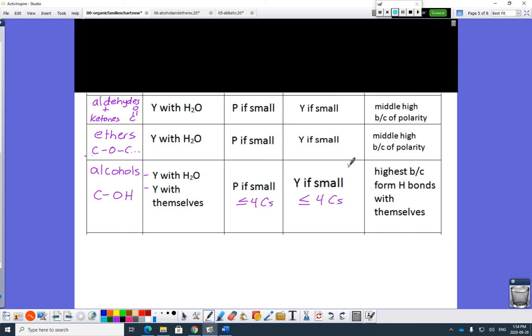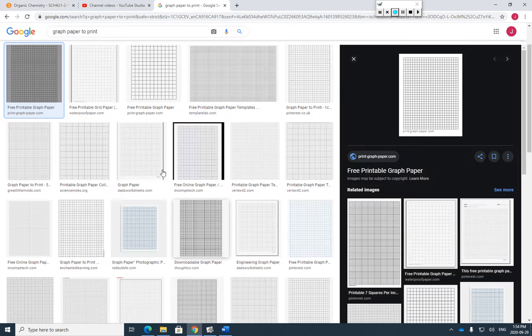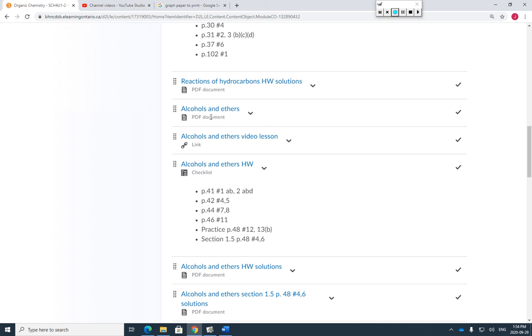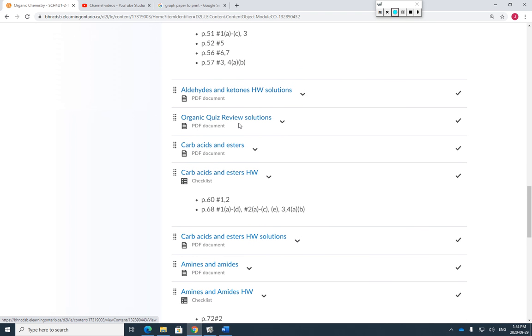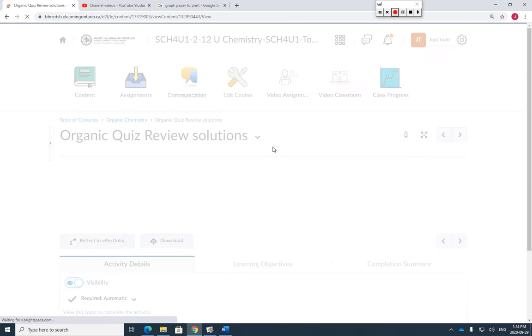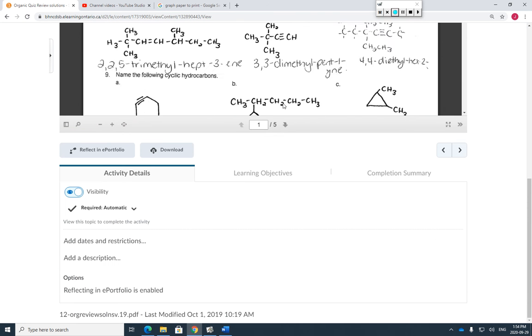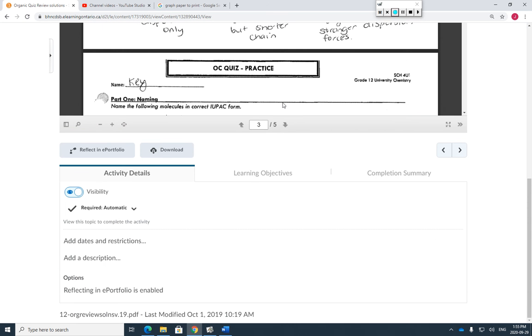And so on D2L, what I did, so again, even though that one worksheet says quiz review, there is no quiz, okay? But it will practice some of this stuff if you're looking for more. So what I did was, since the quiz is usually after aldehydes and ketones, that's where I put the review solutions, including the sheet that says practice.